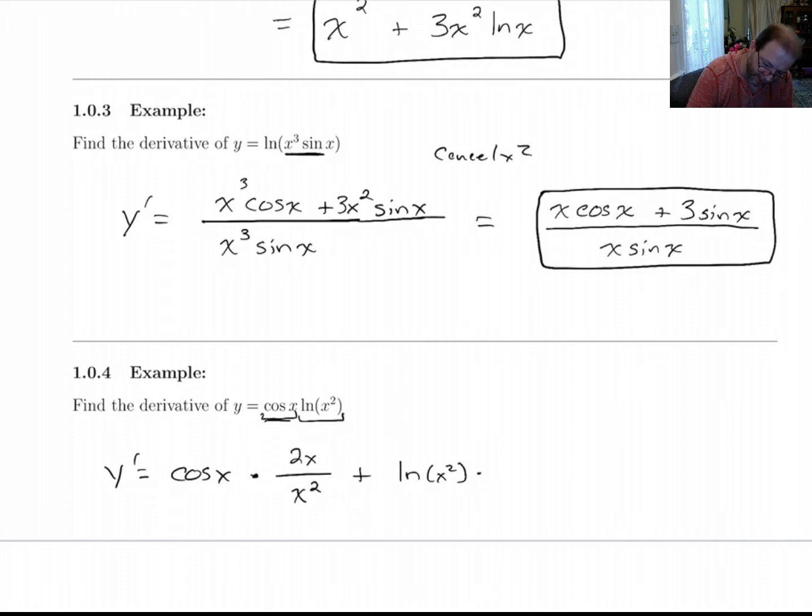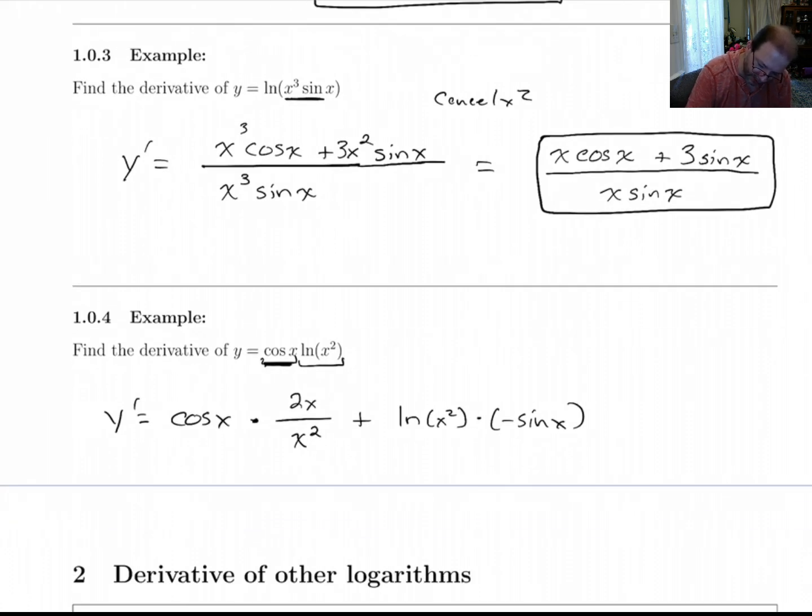And the derivative of the first, derivative of cosine, is negative sine. And the only thing I can really do to clean this up is cancel an x there. So let's see. I'm going to put that on the front too. So this will be 2 cosine x over x. Actually, I'll put 2 cosine x on the top and put the x in the bottom. And then minus natural log x squared sine x.